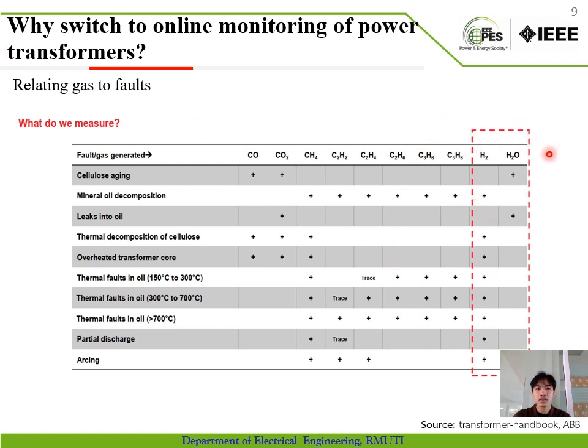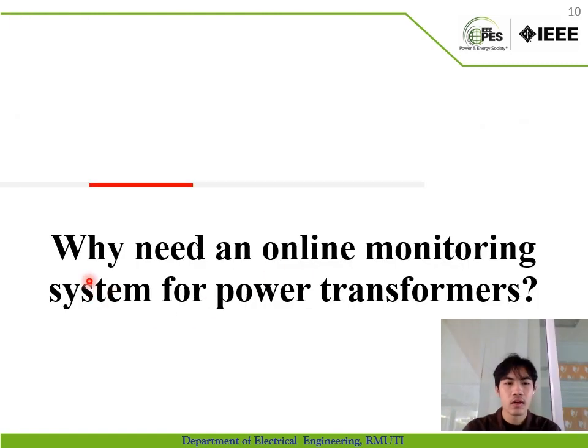So this is the main reason for choosing the digital sensor for the transformer, and we will talk about it in the next content. The next one is why we need an online monitoring system for power transformers.